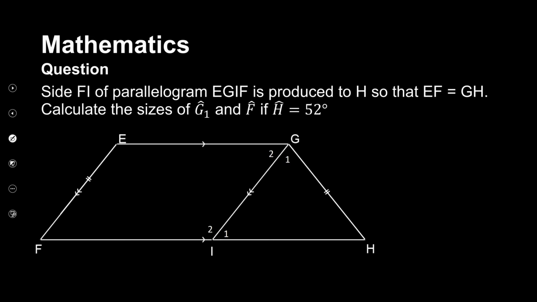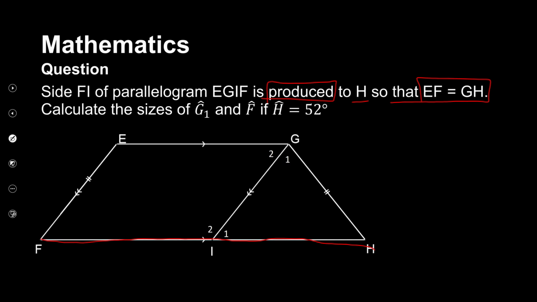Now the question says side FI of parallelogram EGIF is produced. Hey, they're introducing this nice thing of mine. It is produced to H so that EF is equal to GH. But firstly, what does this tell me? They are telling me that FI is extended, right?